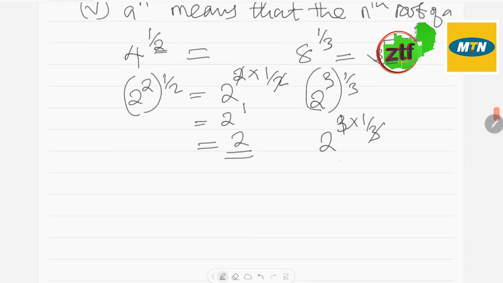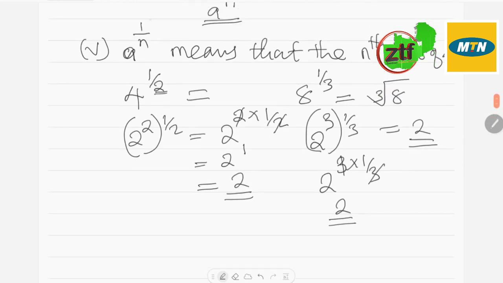So you can see clearly that we're going to have 2. The cube root of 8 here is 2. So wherever you see a power 1 over n, it means they're asking you to find the nth root of the given base or the number that has been mentioned in that question.